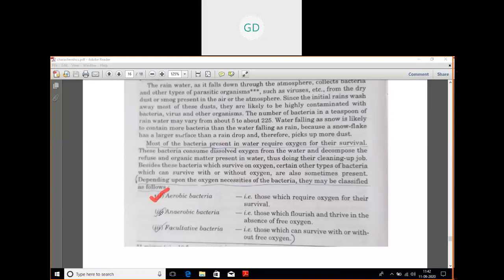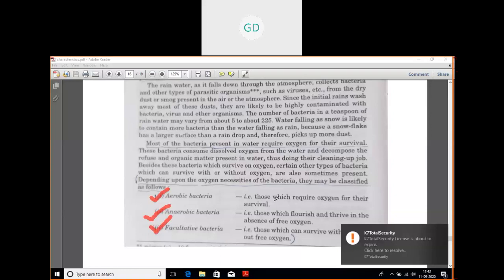Anaerobic bacteria can survive without oxygen. And facultative bacteria are those which can survive with or without free oxygen. They can live with oxygen, or also survive without it. So these three types are the types of bacteria depending upon oxygen consumption.